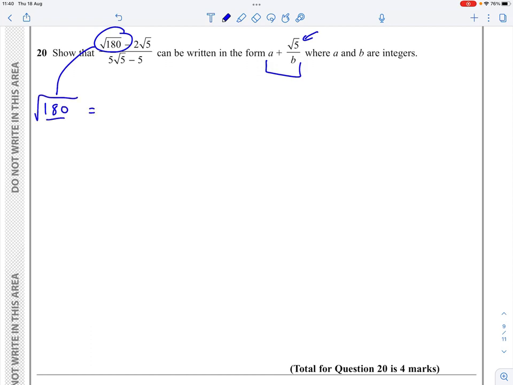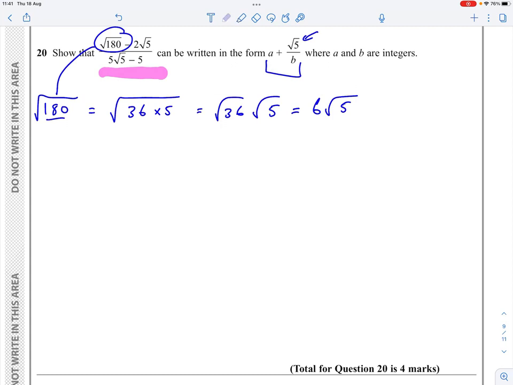Now it should be 5 times something that should give you 180. You can do that by dividing 180 by 5, which gives 36, so 36 times 5. You should remember, I have to split it: root 36 times root 5. Root 36 can be simplified as 6, so we get 6 root 5.